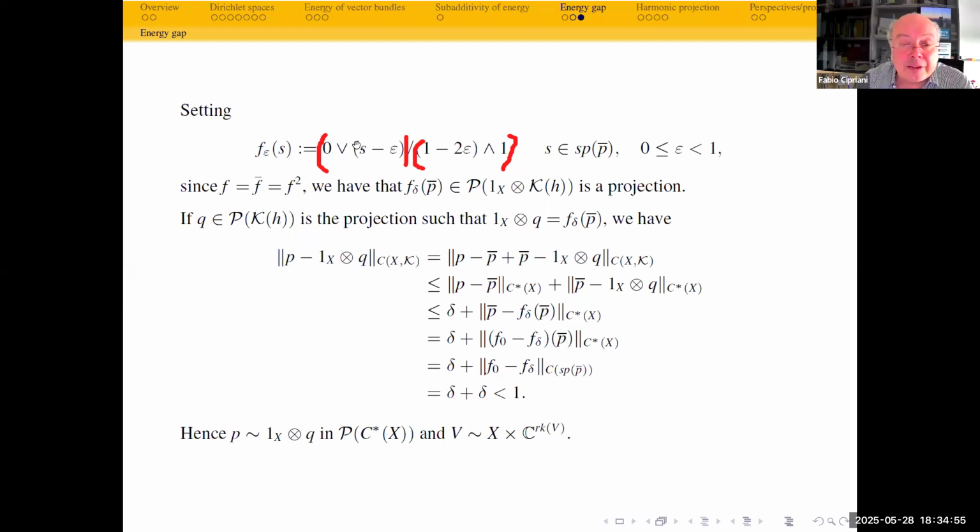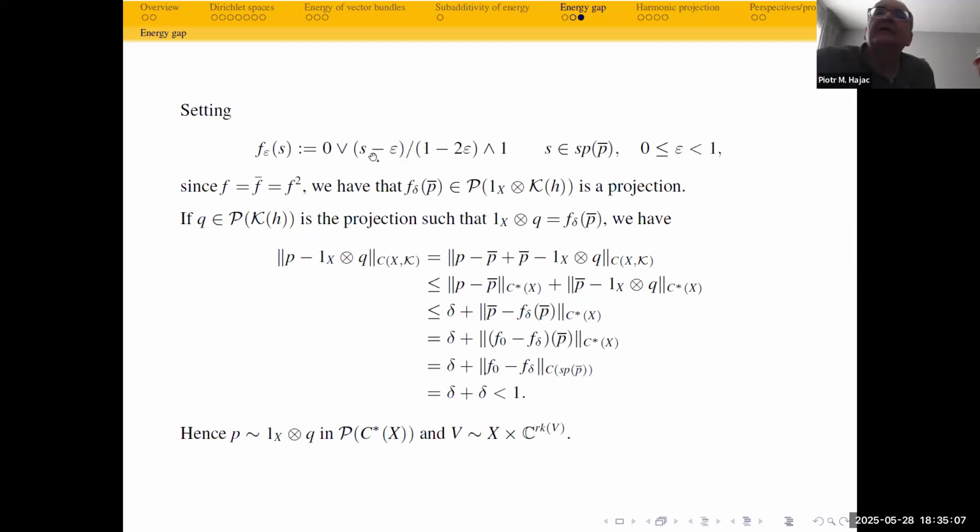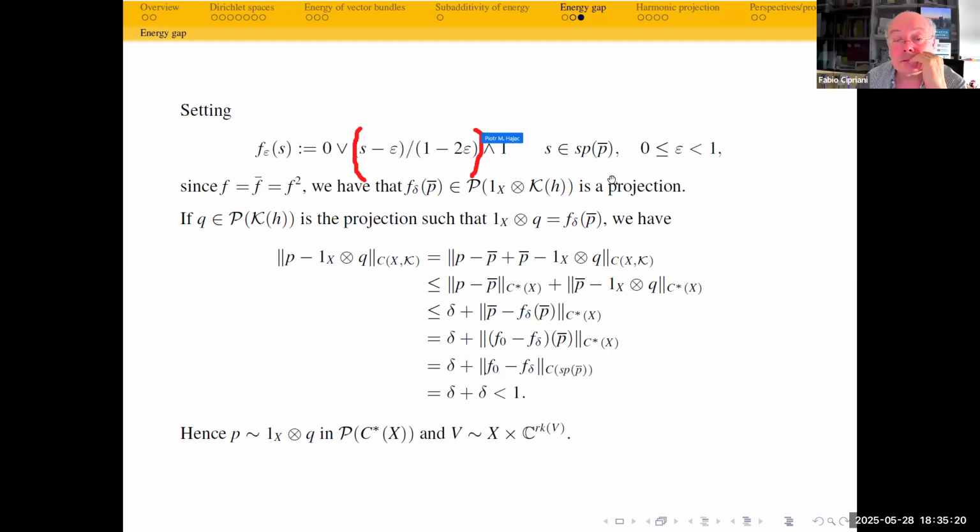You have to place the parentheses here and here. Now I'm completely confused. It is s minus epsilon over 1 minus 2 epsilon. Okay, so I put it here, and I have a certain fraction, right? Yes, exactly.